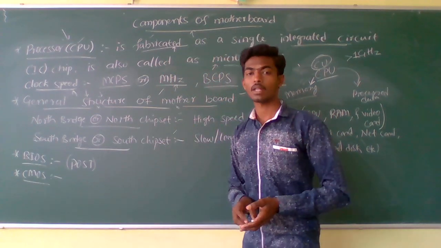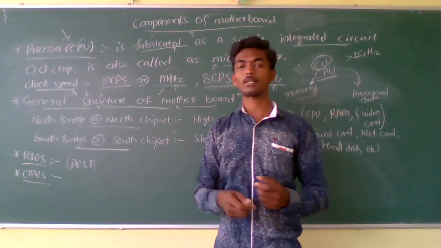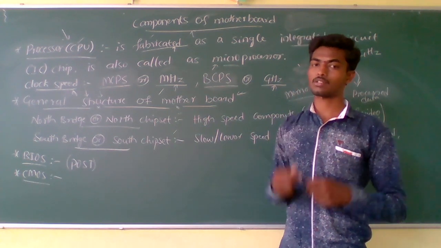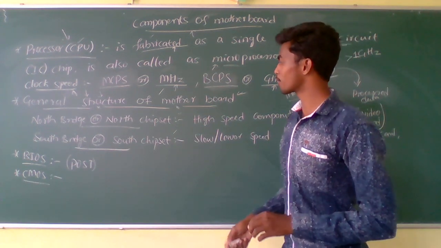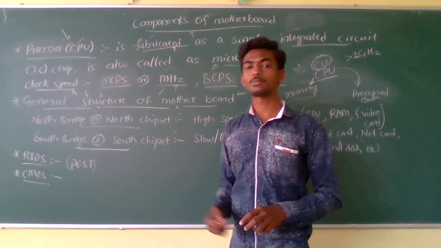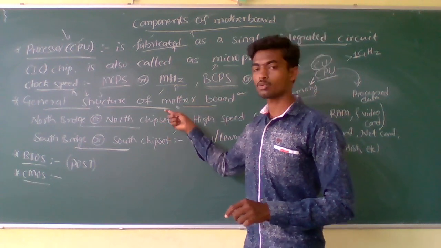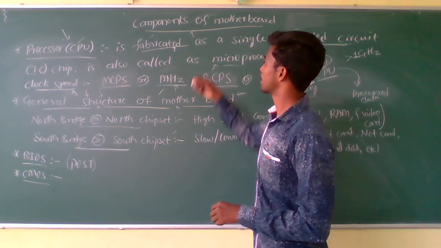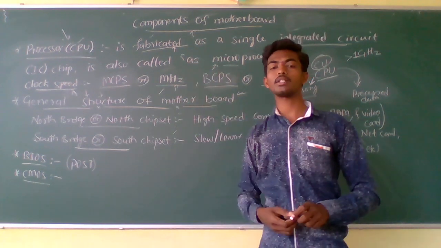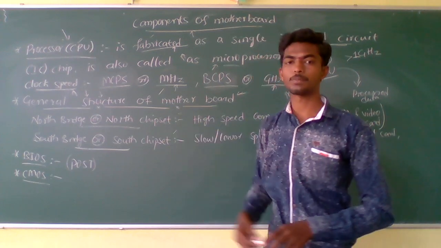The characteristics of a motherboard are the form factor, chipset and the processor socket. The main thing among these is the chipset, where two types of chipsets are found in the general structure of a motherboard, and these two chipsets are directly connected to the processor and work as support for the processor.